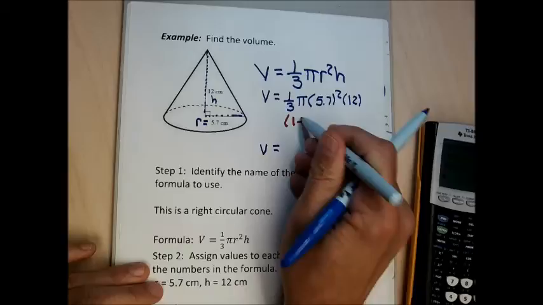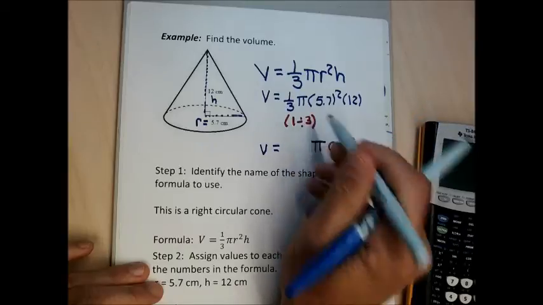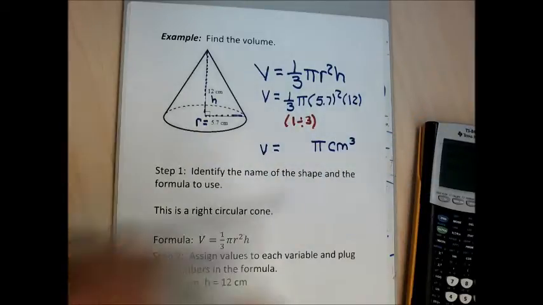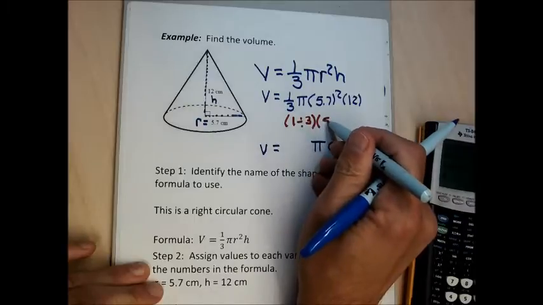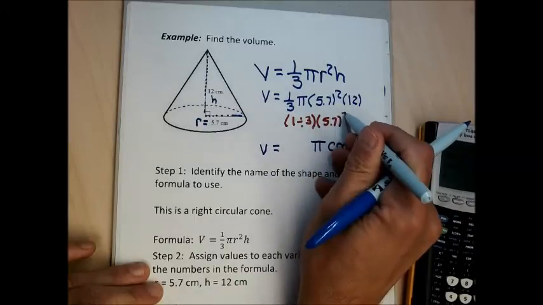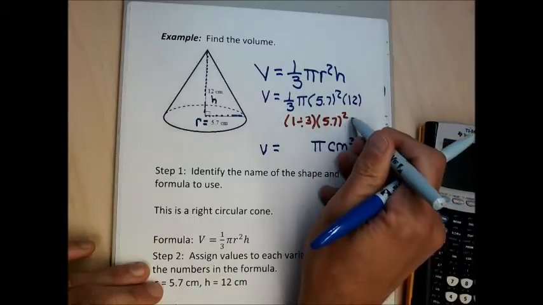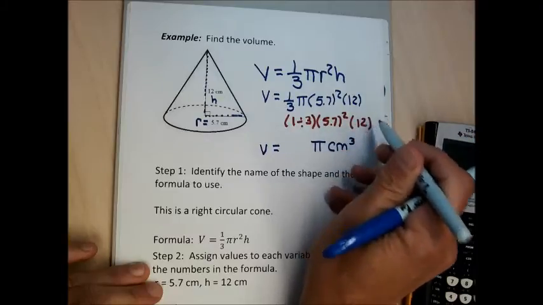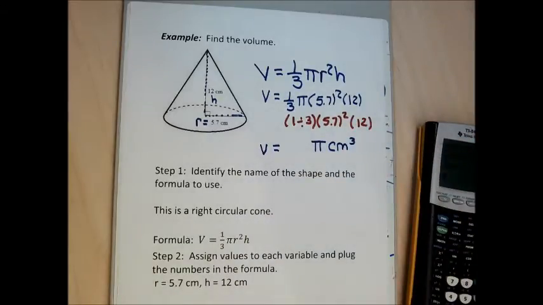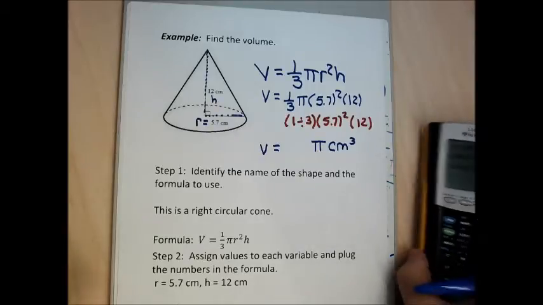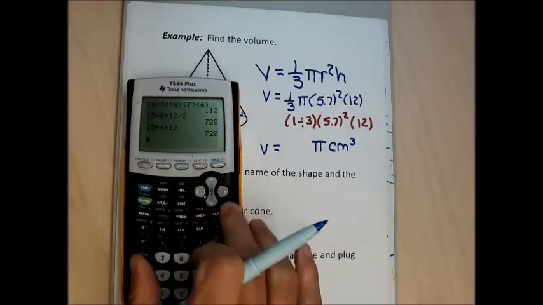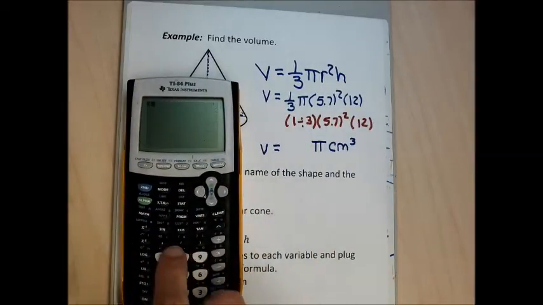I need to do the fraction 1/3, which I'm going to enter in parentheses on my calculator. I need to multiply that by 5.7 squared, which I'm going to do in parentheses, and multiply by 12. When my calculator gives me a number, I might have to round it. The instructions didn't say anything about rounding, so we'll see what happens.